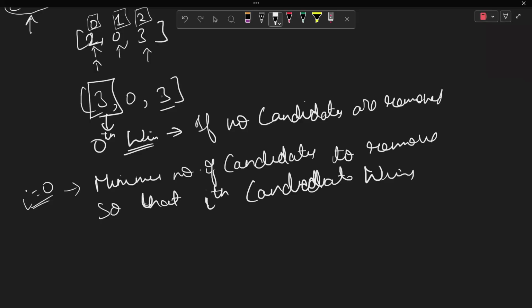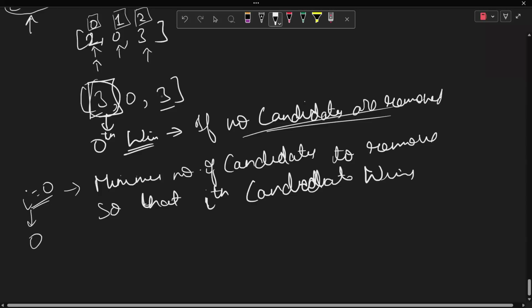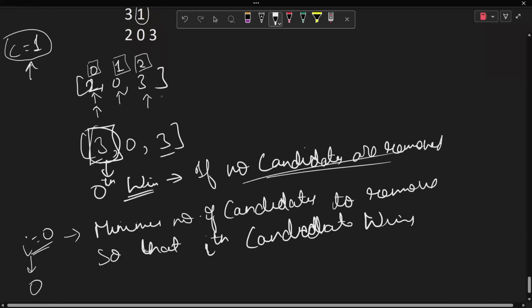That's what we need to find for every index. So for i equal to 0, we want to make this 0th candidate win. He is already winning without removing any candidates. So for i equal to 0, our answer would be 0. We need to remove zero candidates. Minimum would be 0.